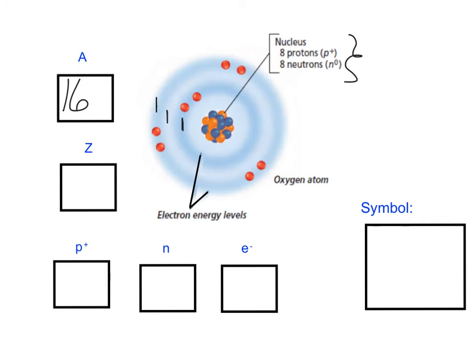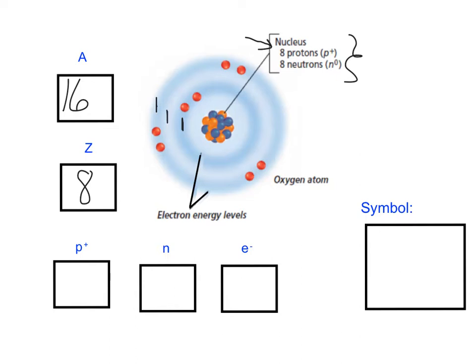Everything that has mass is included in the mass number. When I look at Z, the atomic number, I only want protons. So my Z is going to be 8. Okay, so total mass is 16. My Z, my atomic number, is 8.